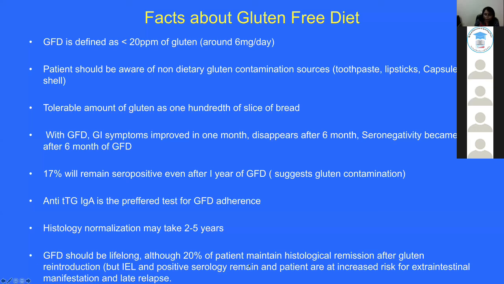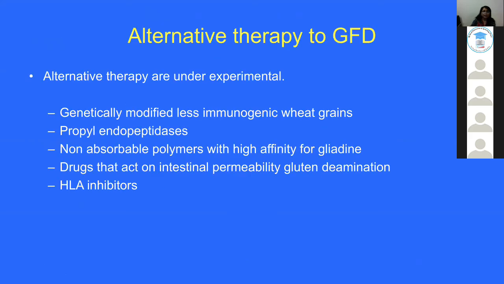Although 20% of patients, once they achieve remission, if they restart, can maintain their histological remission after gluten reintroduction. But when we do biopsies and serology in these cases, intraepithelial lymphocytes and the positive serology can remain positive, and these patients are at increased risk of extraintestinal manifestation and later relapse. So a gluten-free diet for life is the treatment for patients with celiac disease.